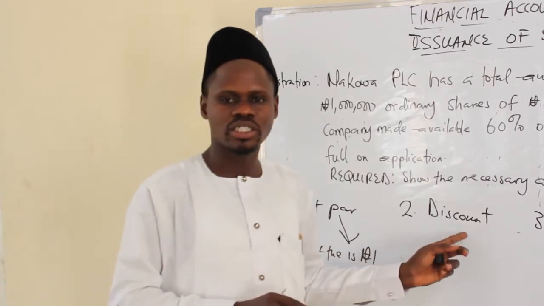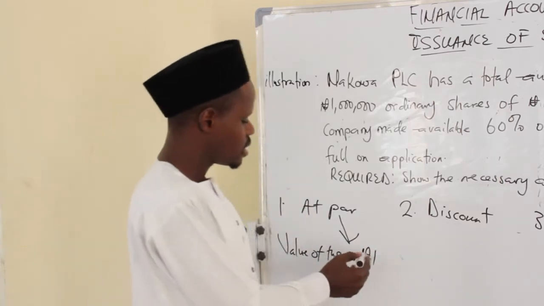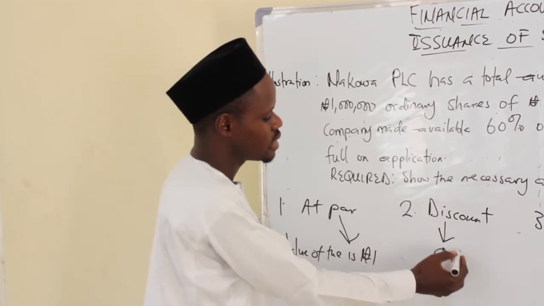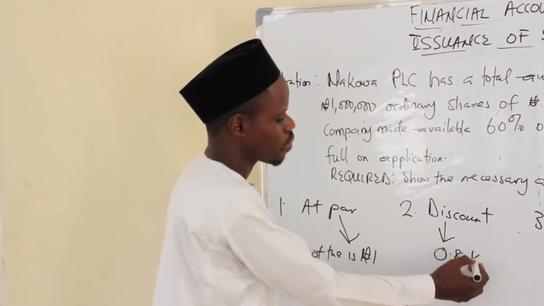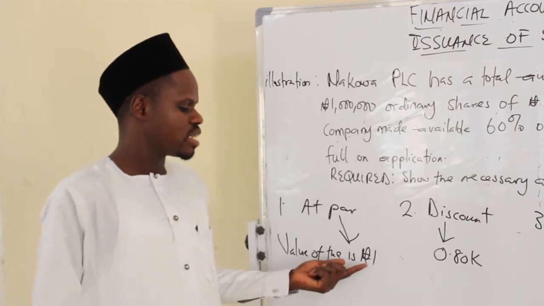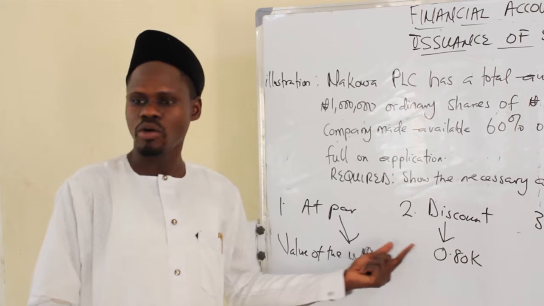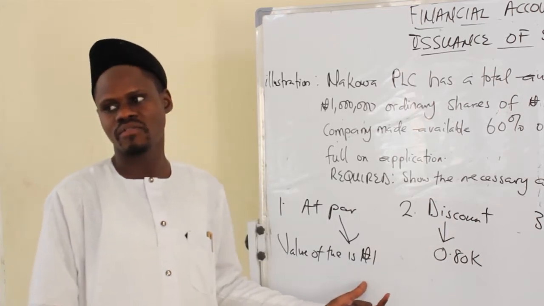If the board of directors decide to sell these shares, instead of 1 naira, at 0.8 kobo, we could see that the value at which the board decides to sell is lower than the nominal value.